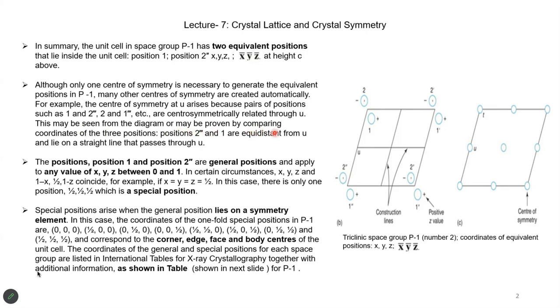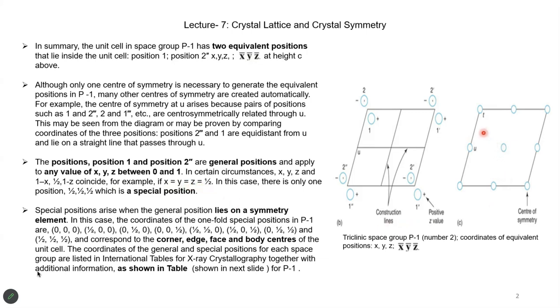We may see this in the diagram, as I said. Next, position 1 and position 2 are general positions. And as I said, the values x, y, z can be between 0 and 1. In certain circumstances, x, y, z and 1 minus x, 1 minus y, 1 minus z coincide, for example, when x is equal to y is equal to z is equal to half.